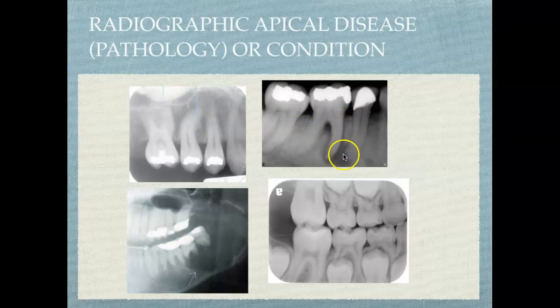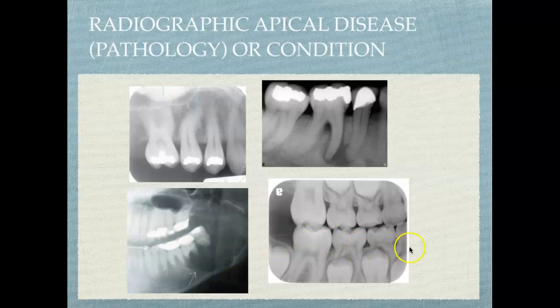This is probably an abscess, so we have some bone loss here on this particular molar. Some other pathologies may be a cyst here in the sinus area and also in the mandible.